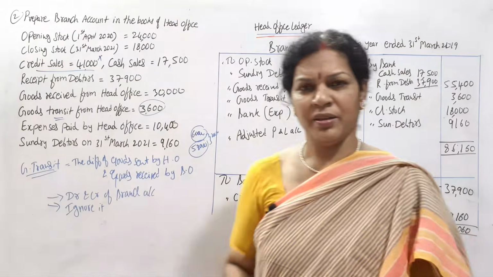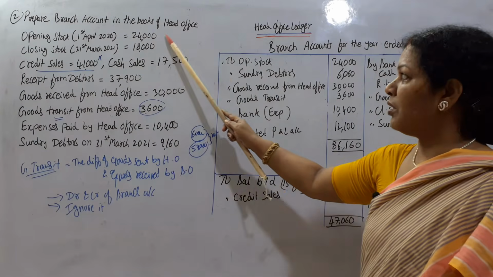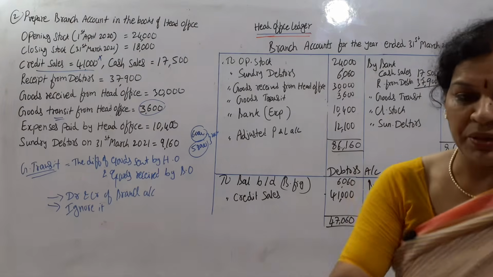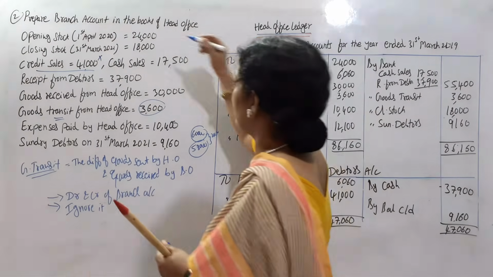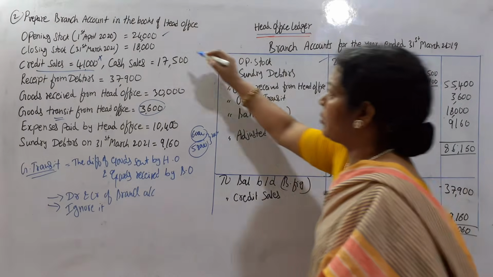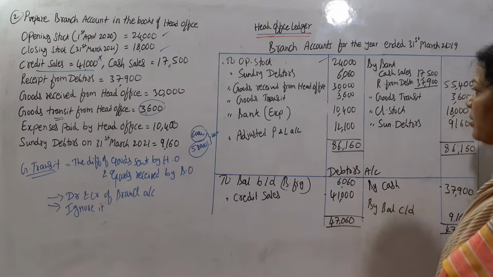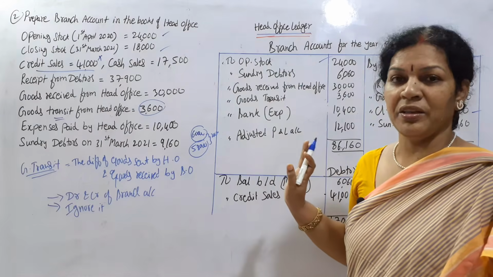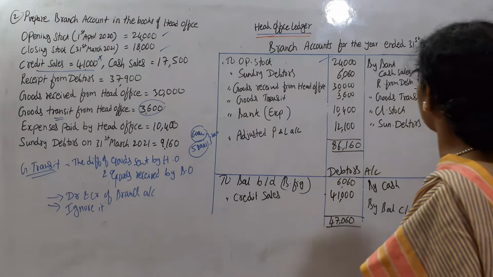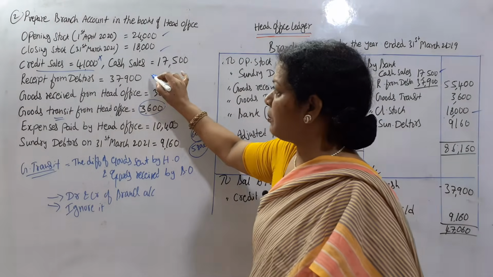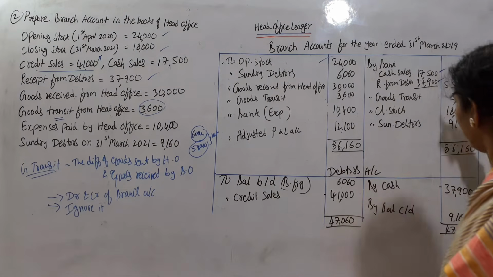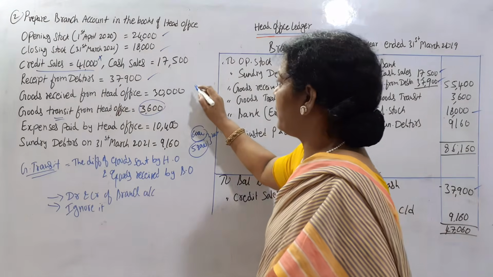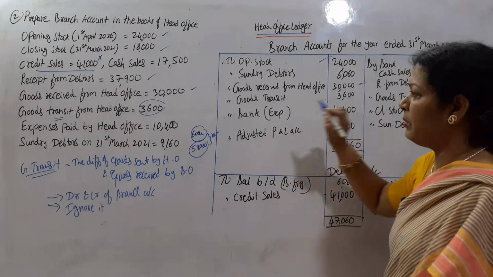Once you find the opening balance of debtors, then you start the problem. The problem is simple. Opening stock 24,000 and closing stock 18,000 are here. Credit sales we don't write here, already written in the debtors account. Cash sales on the credit side, and received from debtors 37,900 here and also on the debtors side. Goods received from head office 30,000 is on the debit side.